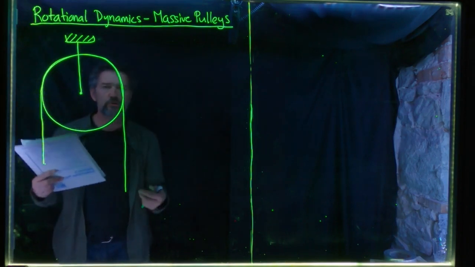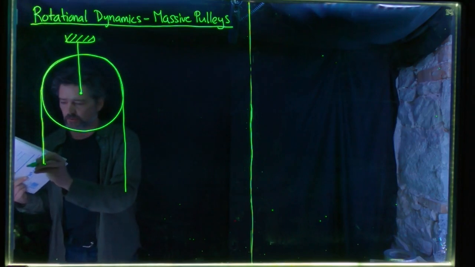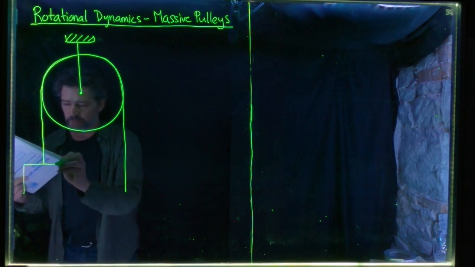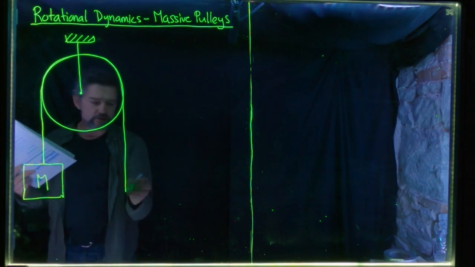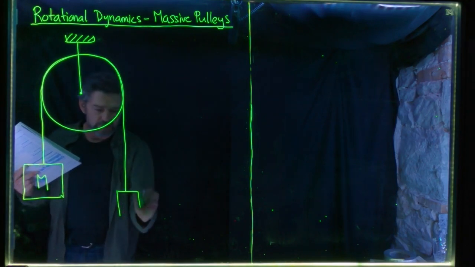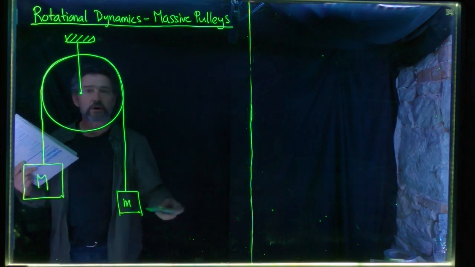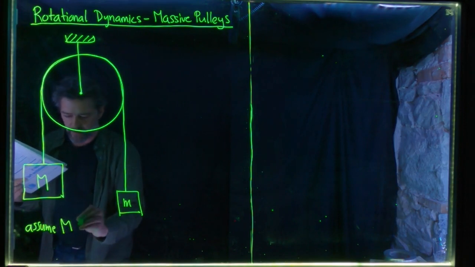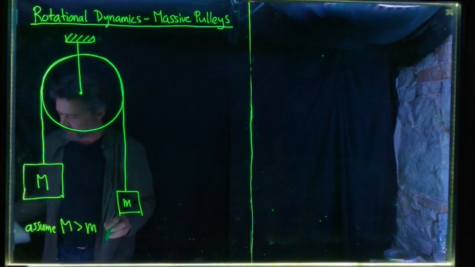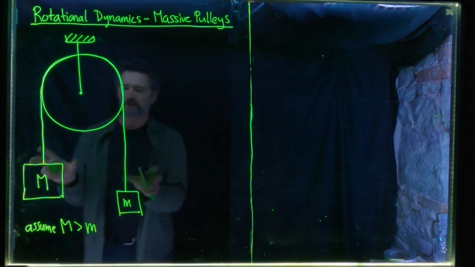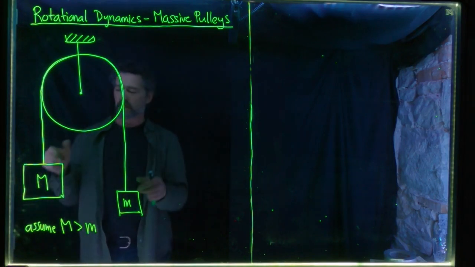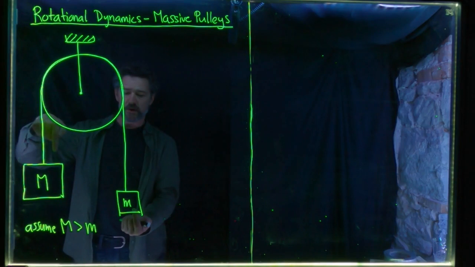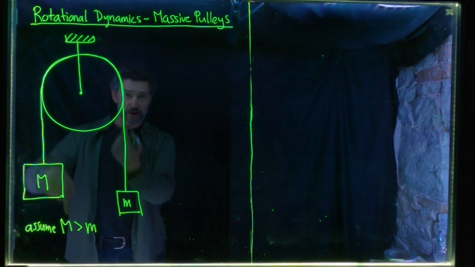And then we attach two blocks to either end of that rope. We attach a block of mass big M to the left end of the rope and a block of mass little m to the right end of the rope. We're going to assume that big M is bigger than little m, so that if we release this system from rest, big M is going to accelerate down, and at the same time little m will accelerate up, like this.